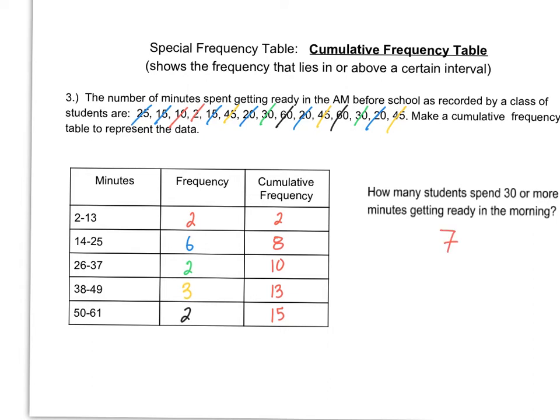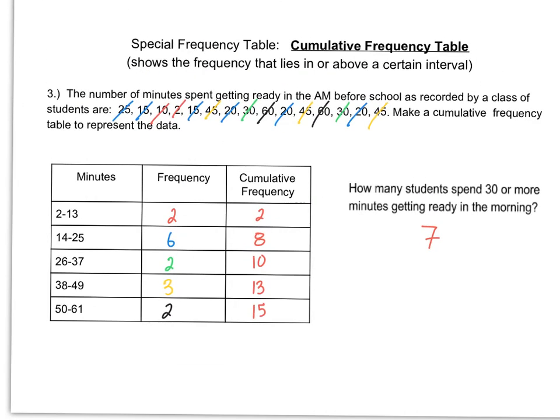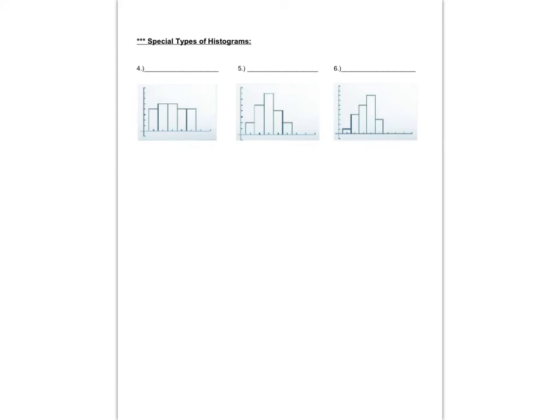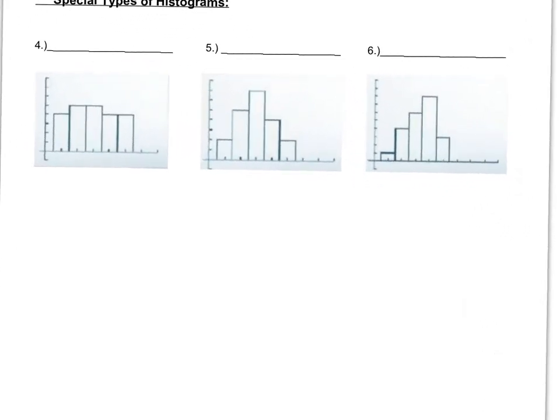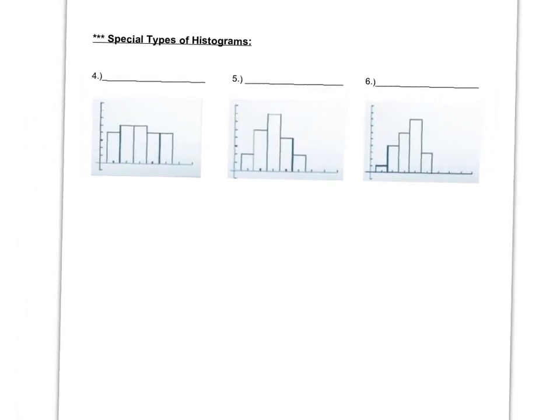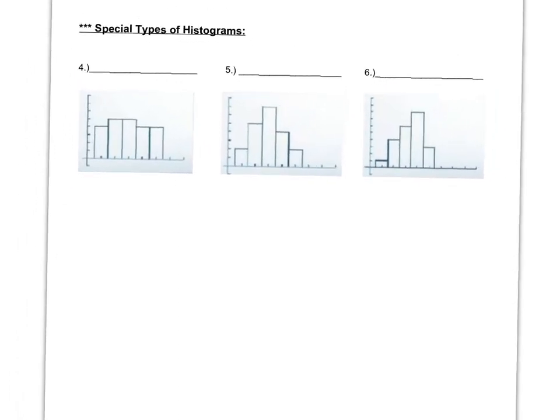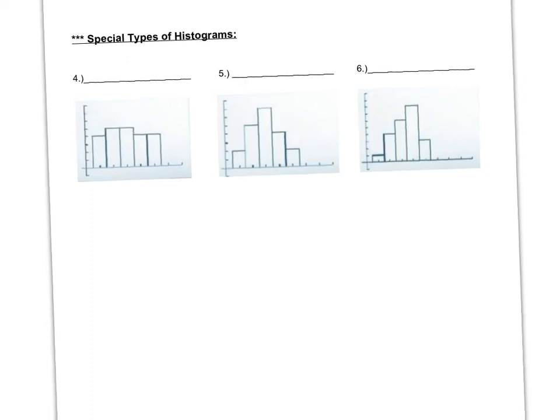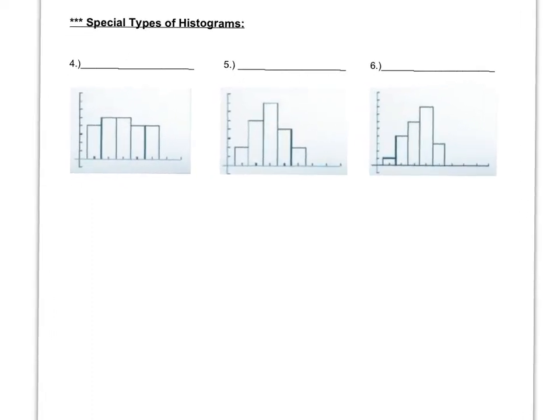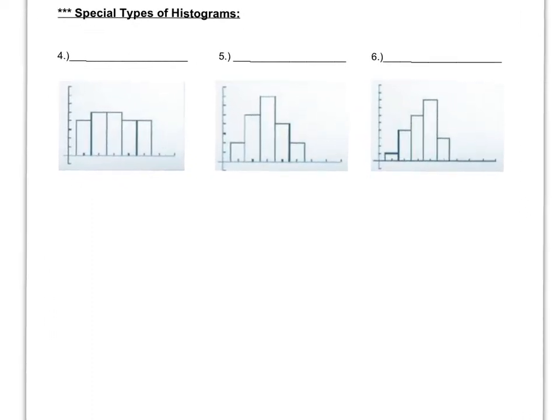All right, last thing for us to take a look at here is some special types of histograms. When histograms look a certain way, we can have special names for those histograms, and we have 3 different special types here.